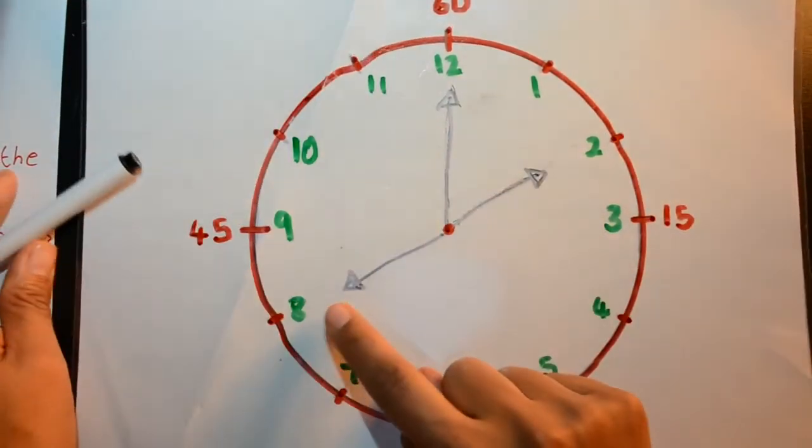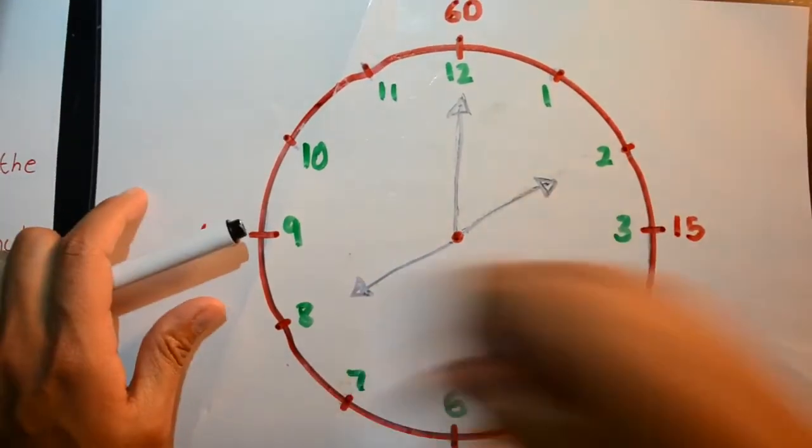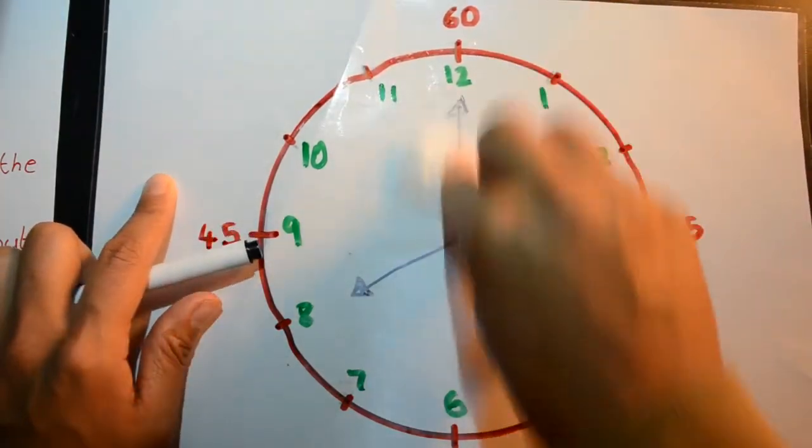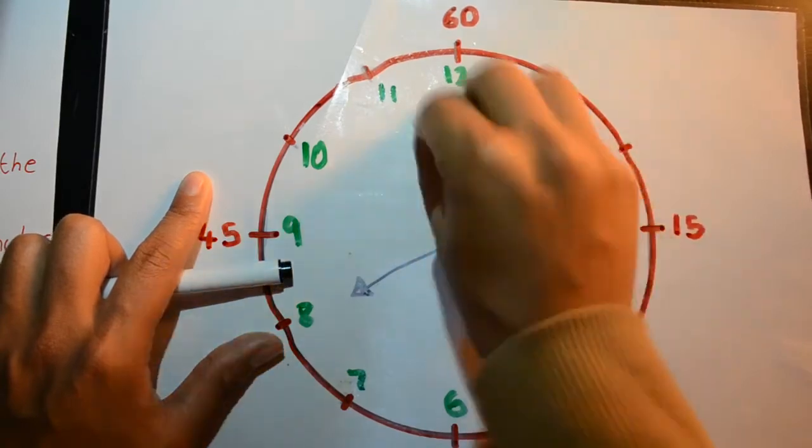So from 8 o'clock to 2 o'clock is 6 hours, because that's how it moves when we count in our short hands.